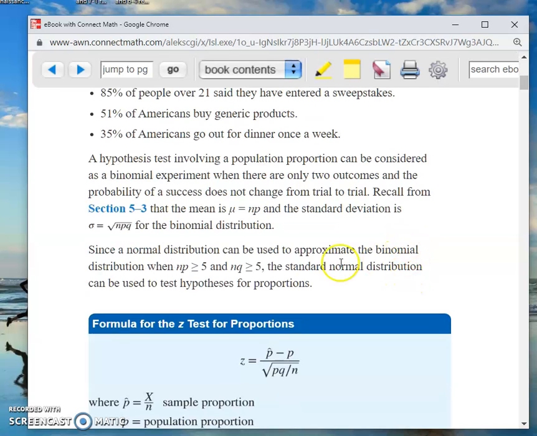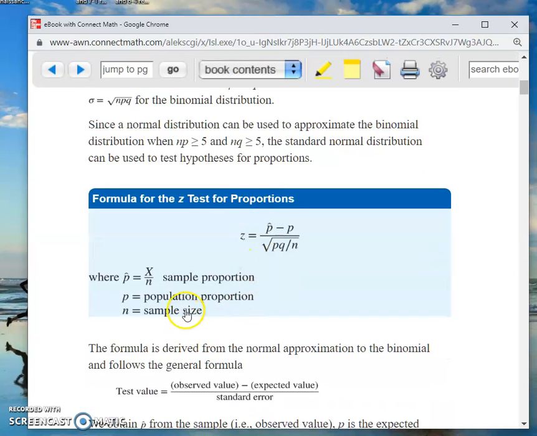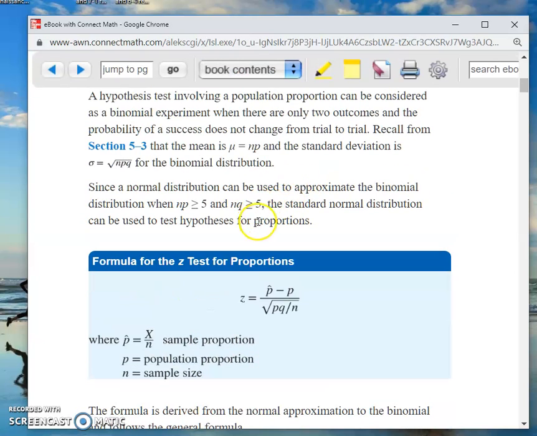Okay. This is something we learned before. The mean in a binomial distribution is np. n is the number of data points, the sample size, and p is the probability of success of whatever it is that you're interested in. So mu is np.